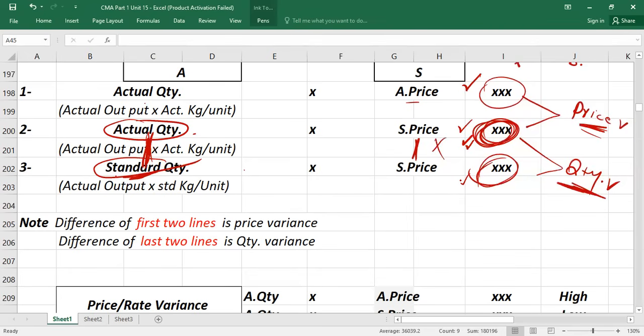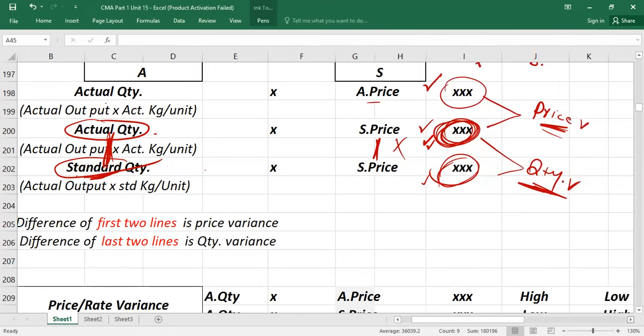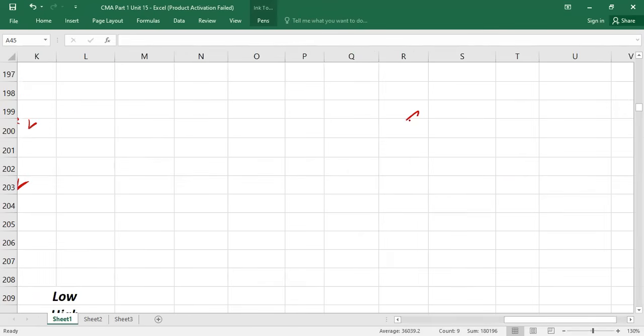Now the point is whether the variance is favorable or unfavorable. When you take actual quantity times actual price against actual quantity times standard price, which is your price variance, if the answer of the first line is higher and the answer of the second line is lower, this variance is always unfavorable.